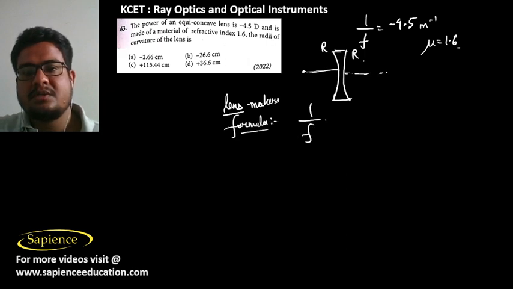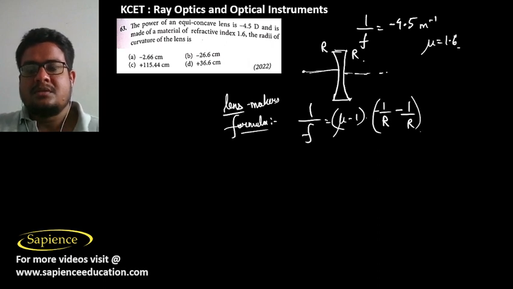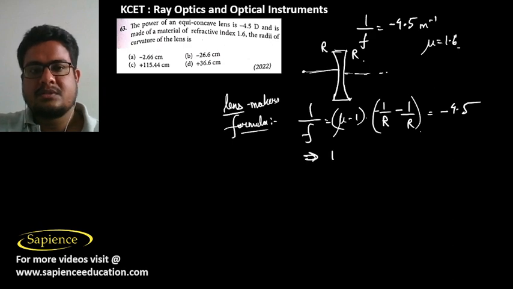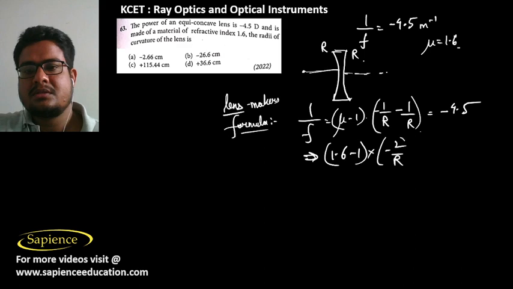1 by f is equal to mu minus 1 into 1 by r1 minus 1 by r2, that is minus 2 by r, and this is equal to minus 4.5. So I can say 1.6 minus 1 into minus 2 by r equal to minus 4.5.